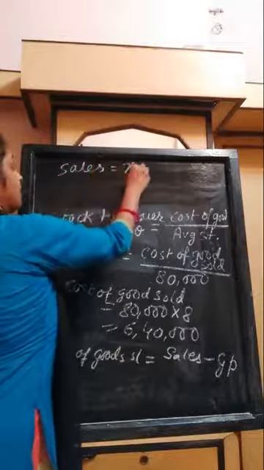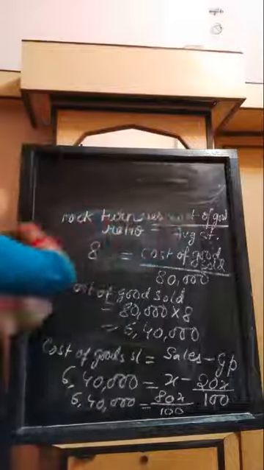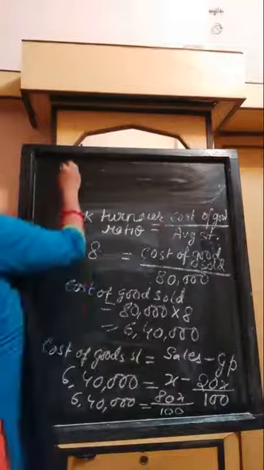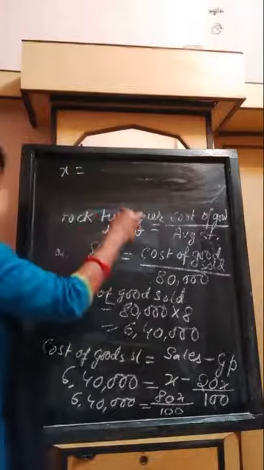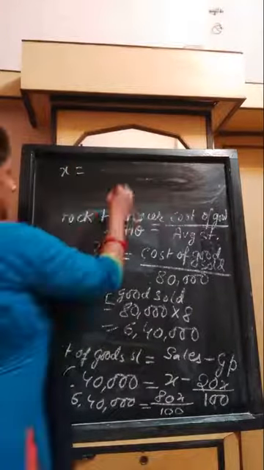By cross multiplication. That is X equals 6,40,000 into 100 by 80.